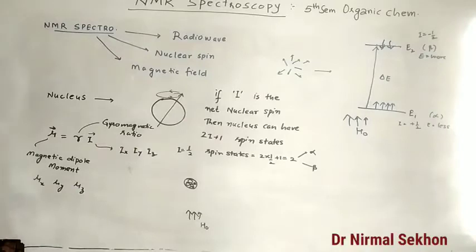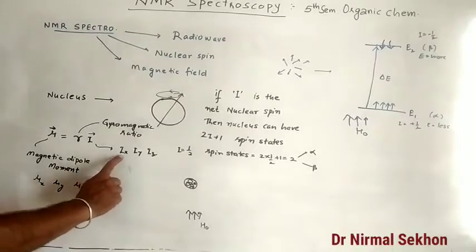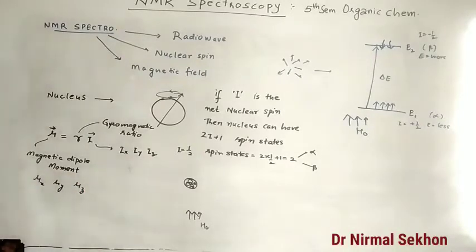The magnetic dipole moment depends upon direction, so it may have three components as per the coordinates x, y, z. So mu x, mu y, mu z are the magnetic dipole moments along the three axes. Similarly, you can split I, the nuclear spin angular momentum, into Ix, Iy and Iz.